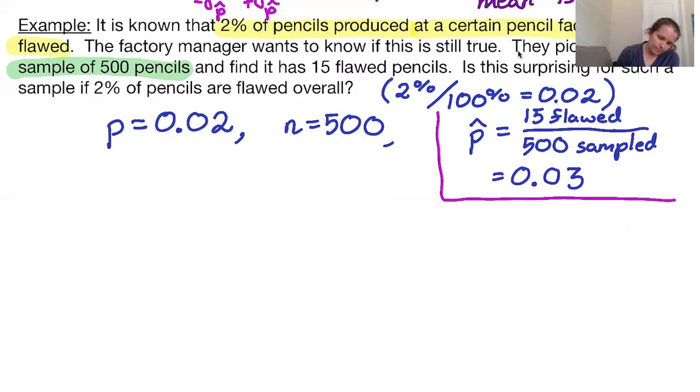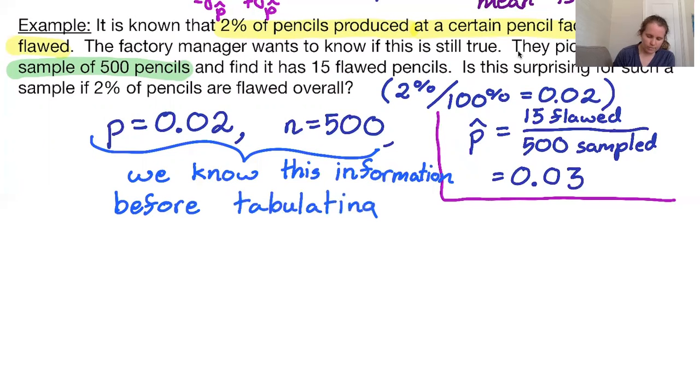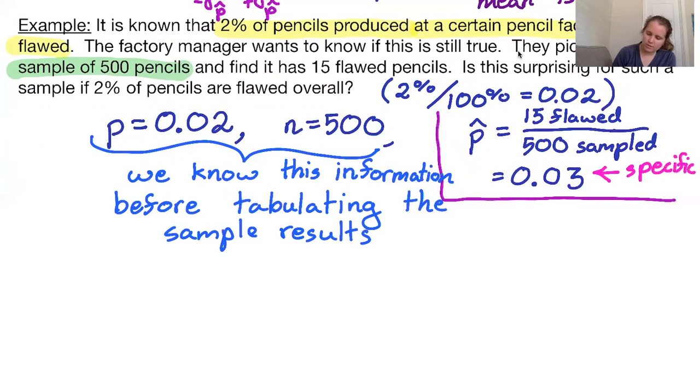Everything here, this information, we knew before tabulating our sample results, versus the information I put in the box, which is specific to our sample.